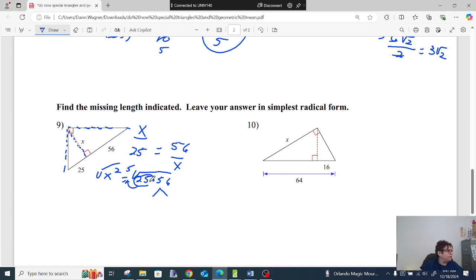So it's 4, the biggest perfect square, because it's 4 times 14. 14 has no perfect squares because that's just 2 and 7. So I'm going to pull out the 4. What's the square root of 4? 2. So 2 times 5 is 10, and I'm left with the square root of 14 on the inside.